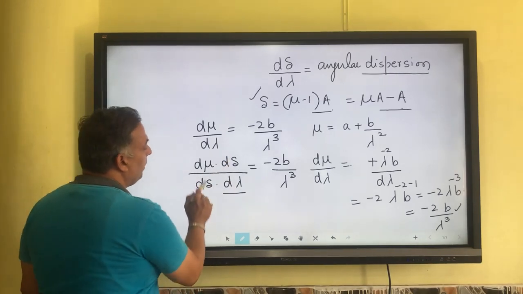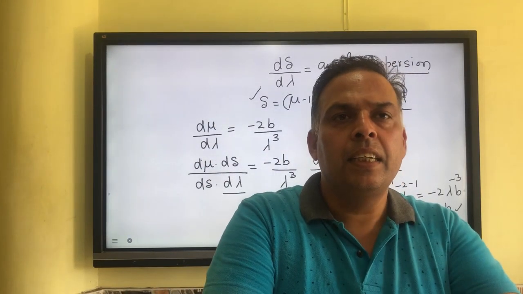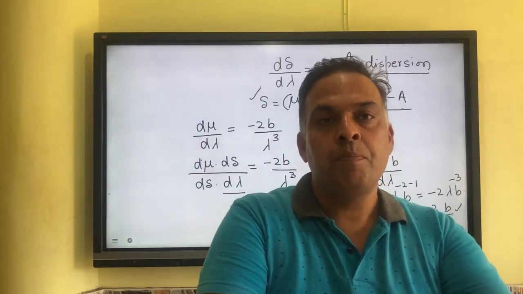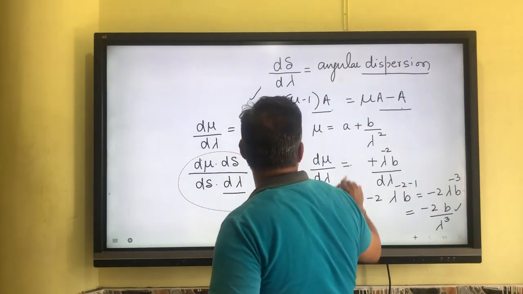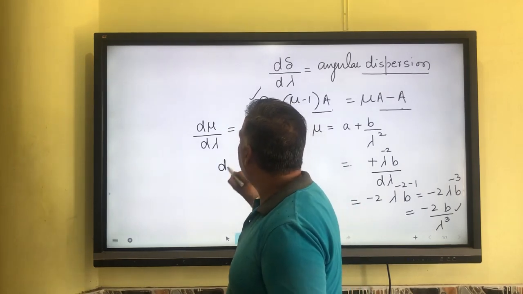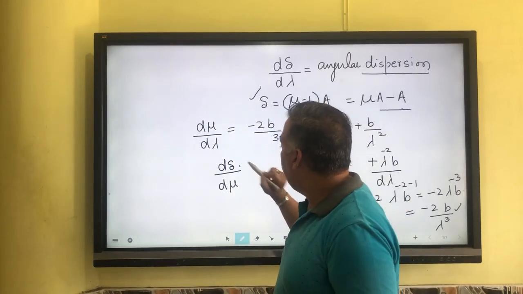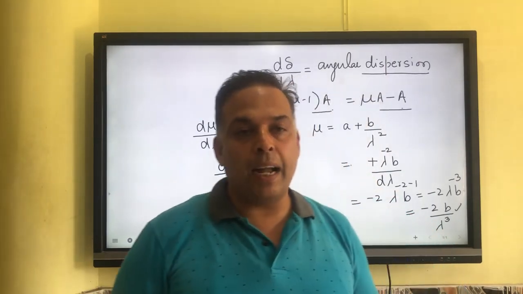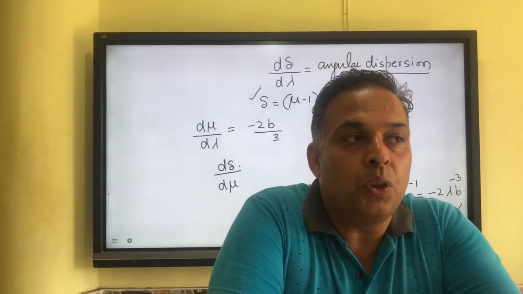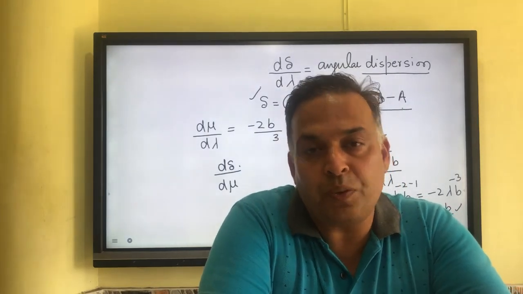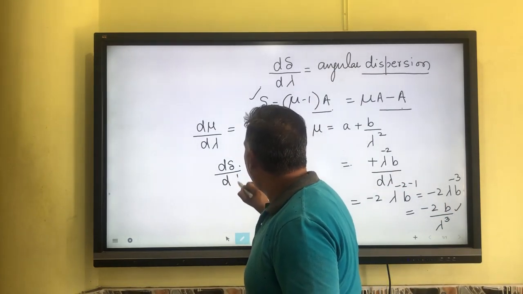What I did in this case is multiply this by d delta upon d mu, because earlier I had d delta upon d mu, and here the value was d mu by d lambda. So d delta by d lambda is what we want.